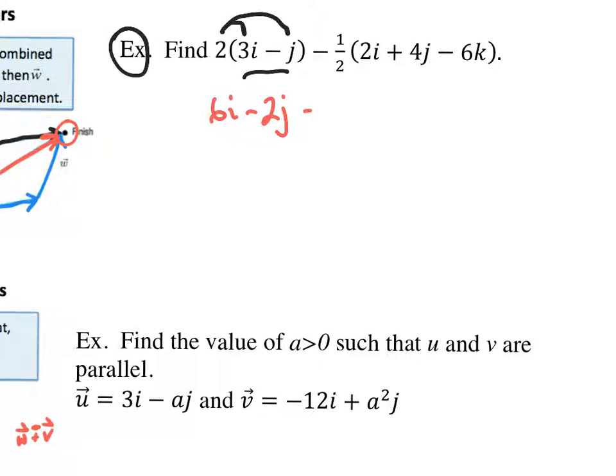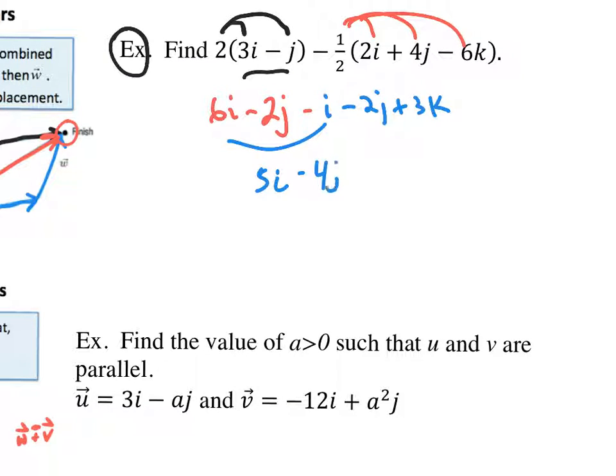And then I can distribute this one amongst those, and I'm going to get i minus 2j, and then plus 3k. Now you just combine like terms, so I'm going to get 5i minus 4j plus 3k.